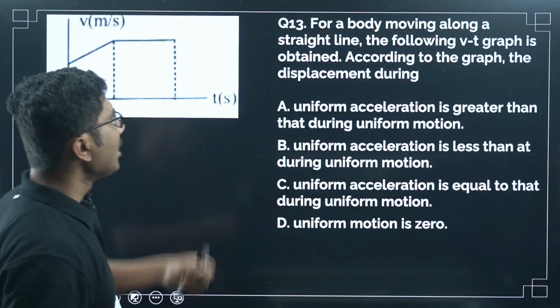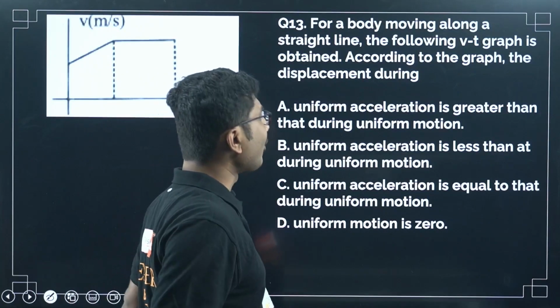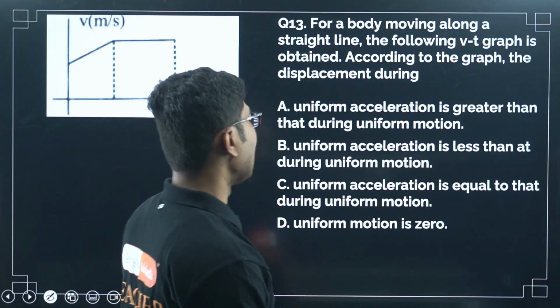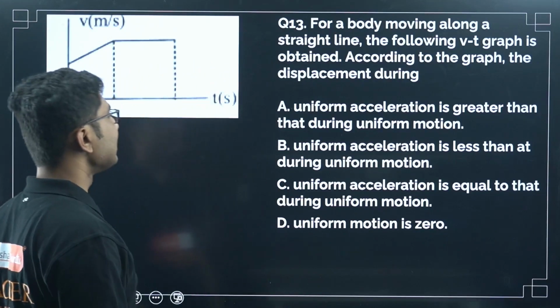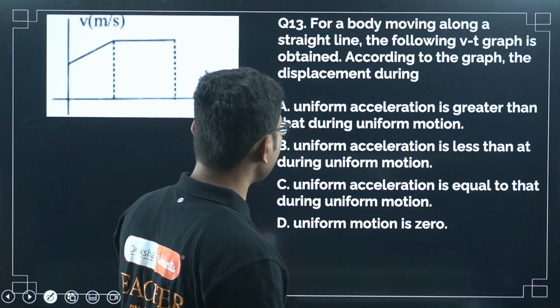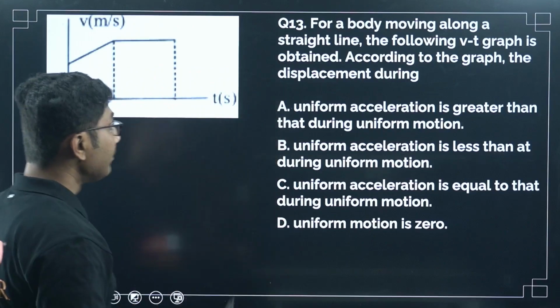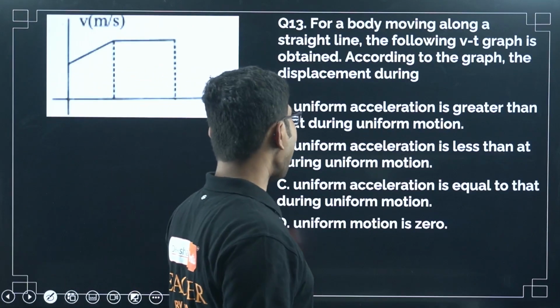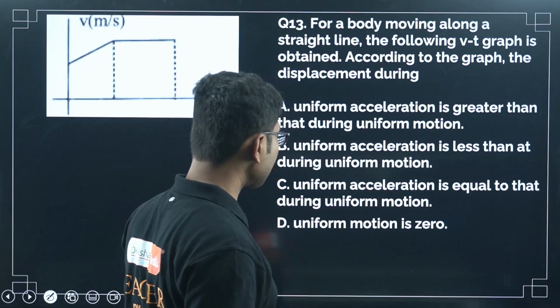For the body moving along a straight line, the following vt graph is obtained. According to the graph, the displacement during uniform acceleration is greater than that during uniform motion. Uniform acceleration is less than that during uniform motion.